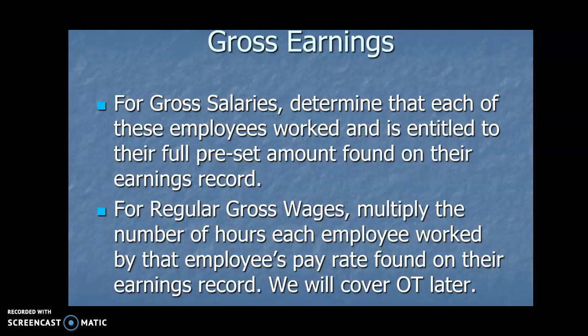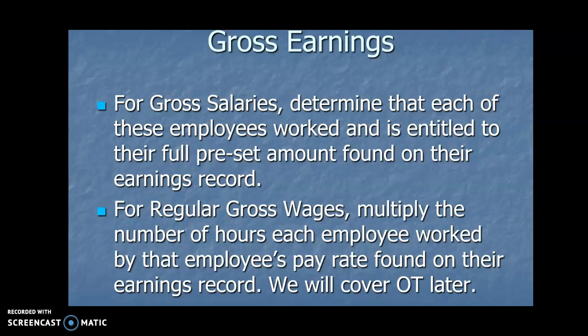Or a salaried person can also be set up for some overtime. So if they worked more than 42 hours, or whatever the company determines, then maybe they can get some overtime. But your job as payroll person is to make sure that they did show up, they did work, and how much of their preset salary they can get.